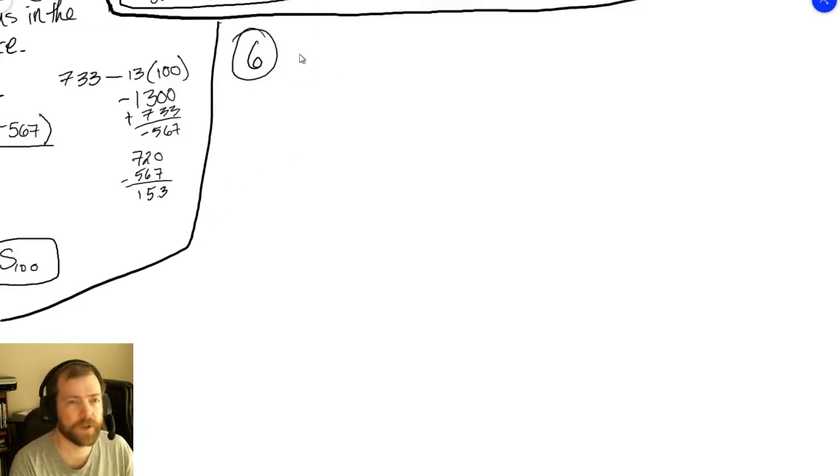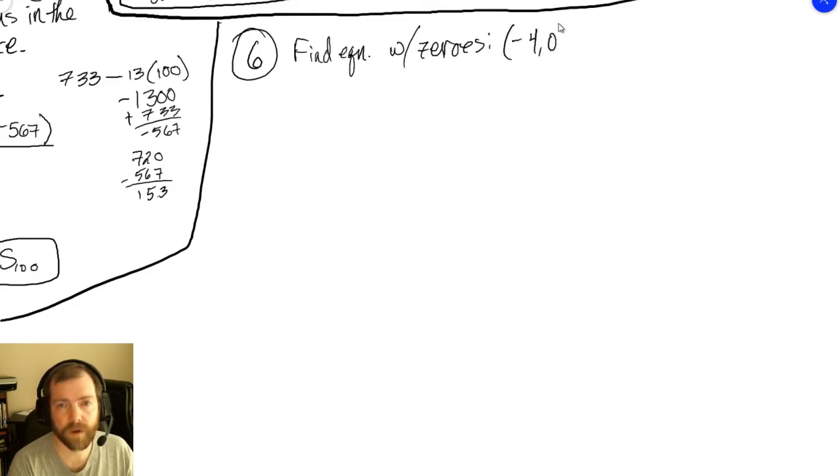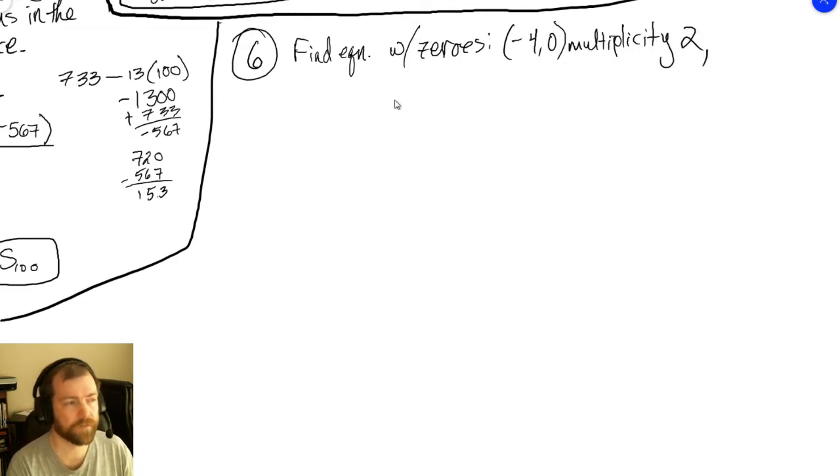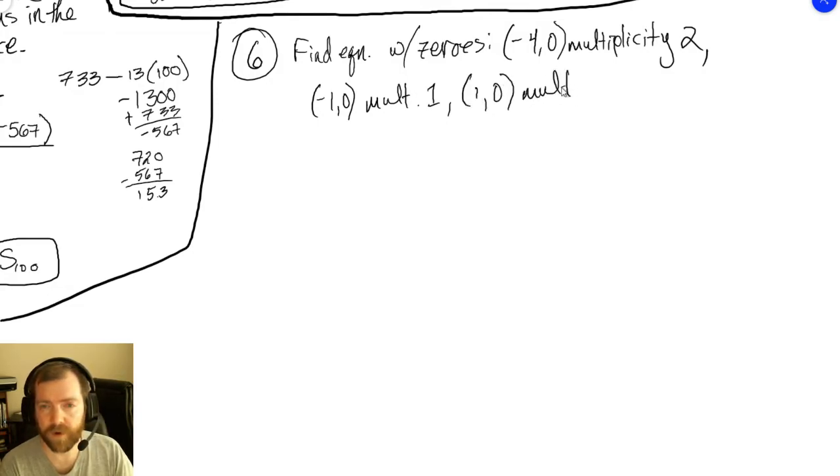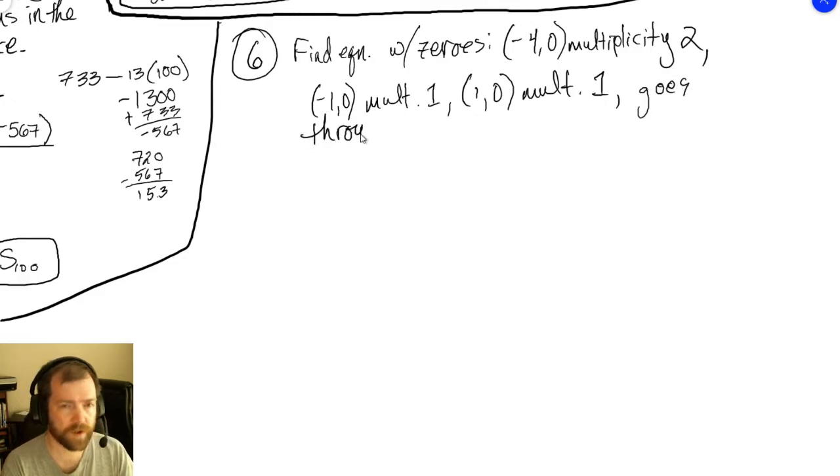All right, 6. Find the equation with zeros, -4, 0, with multiplicity 2, -1, 0, with multiplicity 1, 1, 0, multiplicity 1, and it goes through 2, 15.